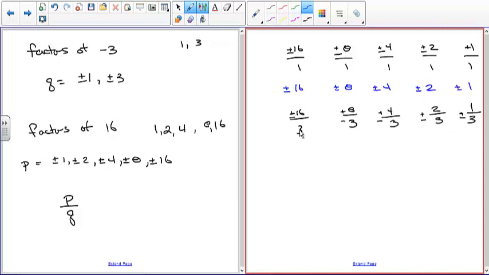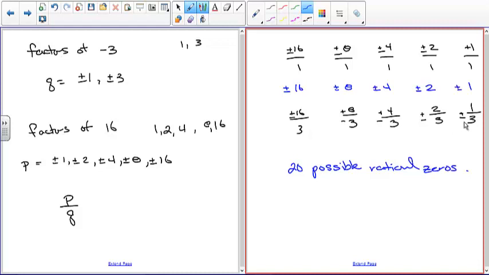So it's going to be plus or minus 16 thirds, plus or minus 8 thirds, plus or minus 4 thirds, plus or minus 2 thirds, plus or minus 1 third. So how many are there? There's 1, 2, 3, 4, 5, 6, 7, 8, 9, 10. 10 with one sign and 10 with the other sign. So there are 20 possible rational zeros.